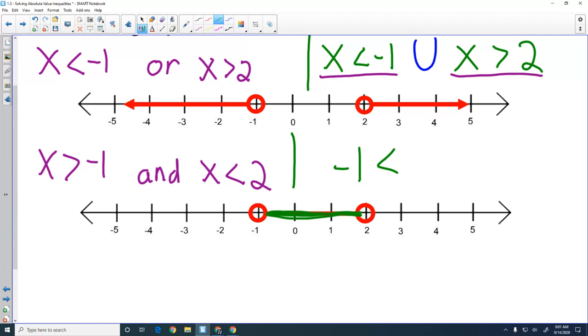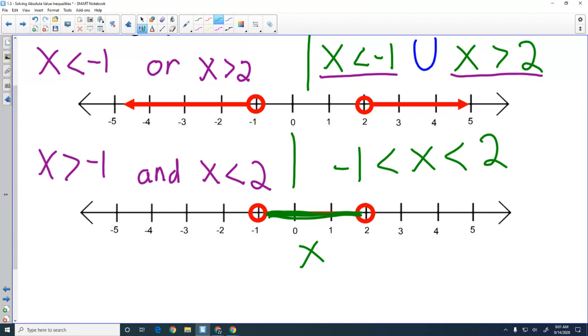You're always going to go from the smallest to the biggest. So you can say -1 is less than x, because x is kind of like this middle chunk, right? It's everything in between here. And then x is also less than 2. So this three-sided compound inequality can only be written in the second case, when x is all the values in the middle, in between those two endpoints.